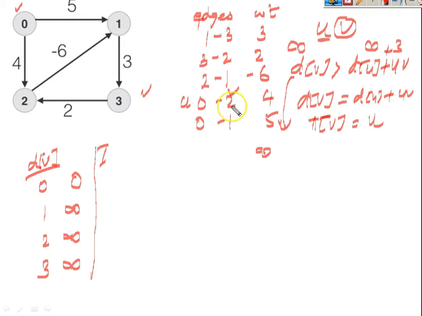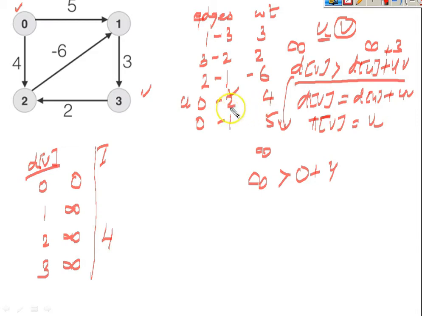The d value of 2 is infinite, the d value of 0 is 0, and the edge u to v is 4. So you can see that infinite is more than 0 plus 4, which means this condition holds. Whenever this condition holds, we put the d value equal to this. That means now we are going to make the d value of 2 equal to 4, in place of infinite I am changing it to 4.